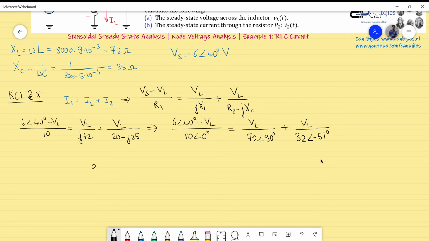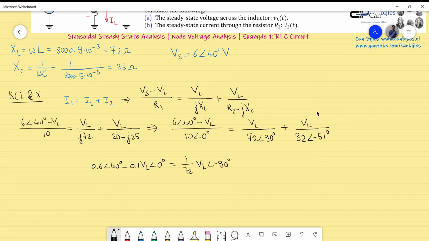It will be 0.6 phase 40 degrees minus 0.1 VL with a phase of 0 degrees still. And this will be 1 over 72 VL phase minus 90 degrees.